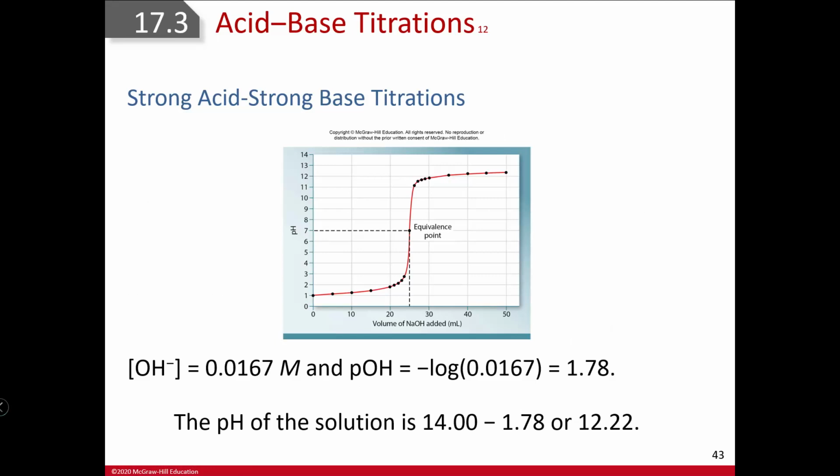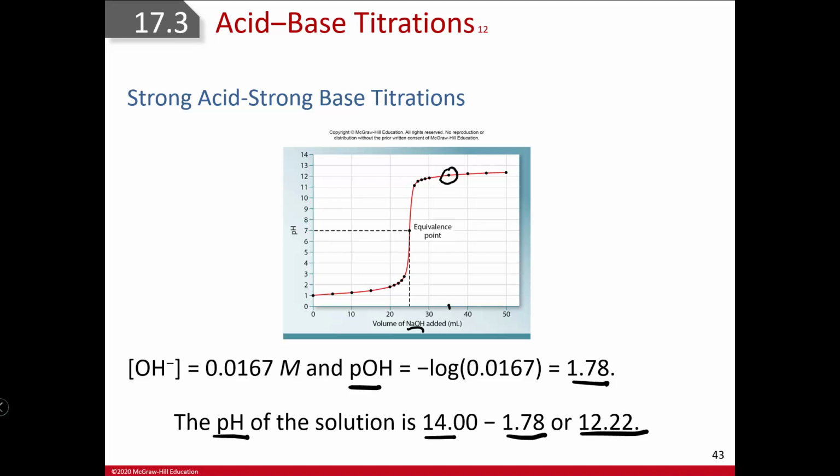Notice they tell you you're determining pOH, not pH. If you want to know what the pH is, you take 14 minus the pOH, and that gives you the pH. So you can follow this out: we've added 35 milliliters of sodium hydroxide, and right there's our point, and they tell us that it's 12.22, so that point should be a little bit above.